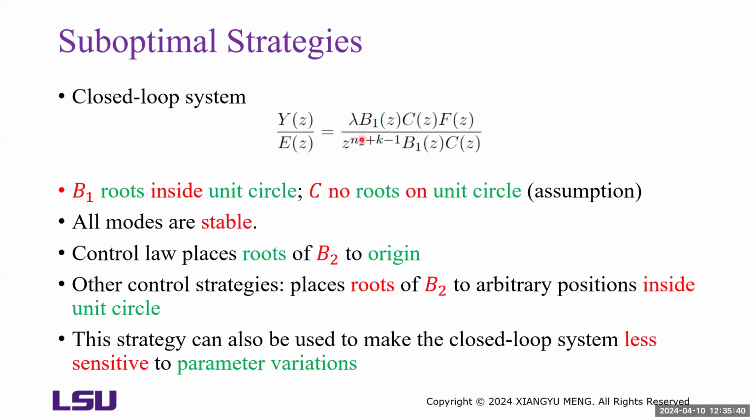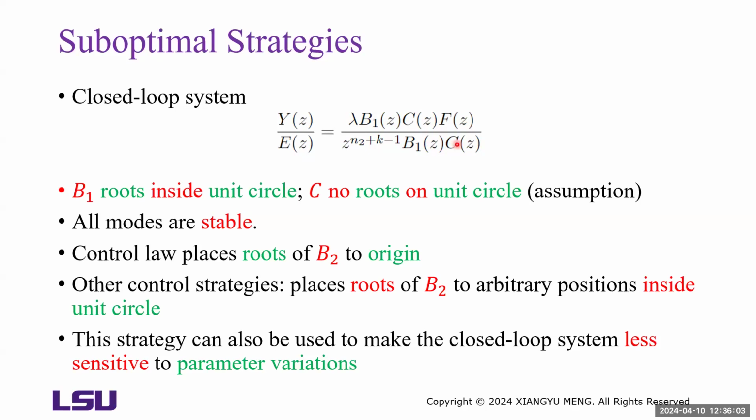So this will be the closed loop transfer function. Y is the output, and e is the input. So it will be lambda B1 times C times F over z to the power n2 plus k minus 1, times B1 times C.